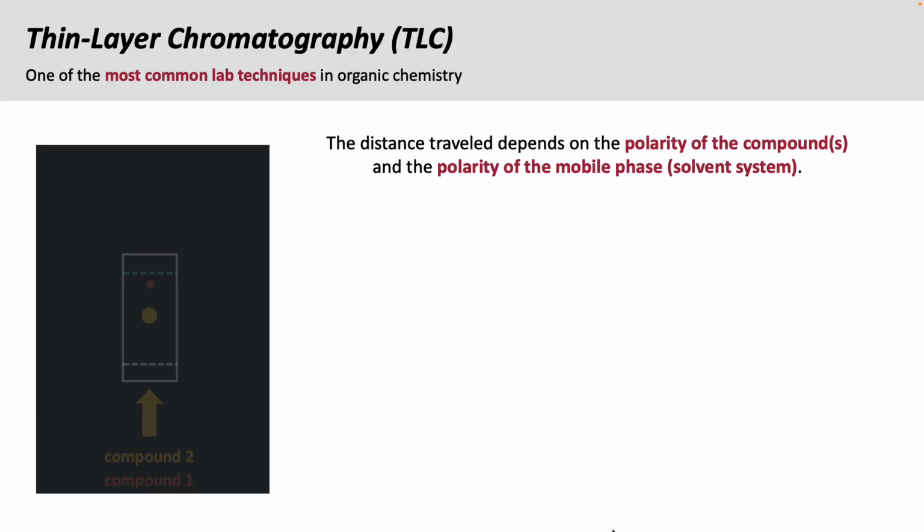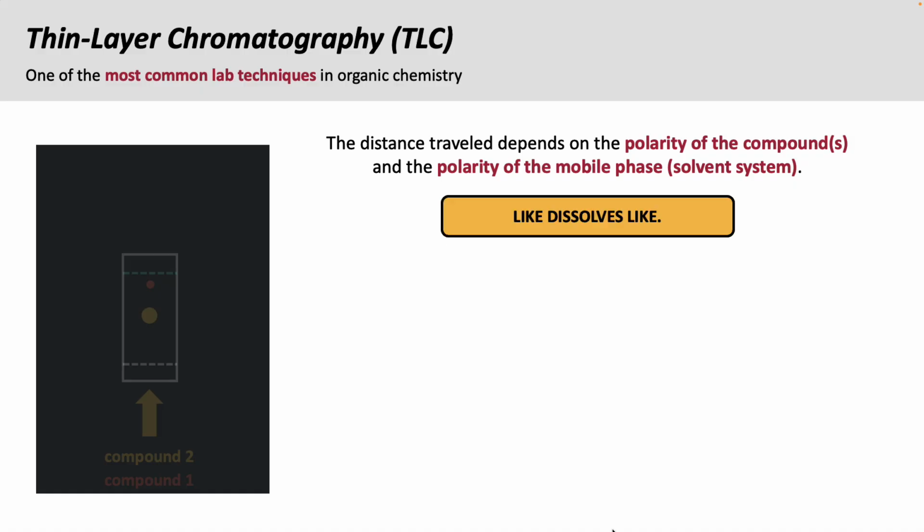And that distance traveled depends on both the polarity of the compound and the polarity of the mobile phase or the solvent system. And this is where it's very useful to remember one of our favorite phrases in chemistry: like dissolves like.